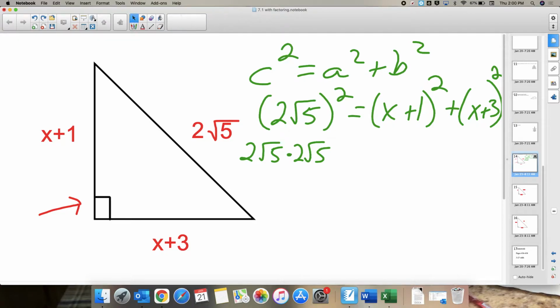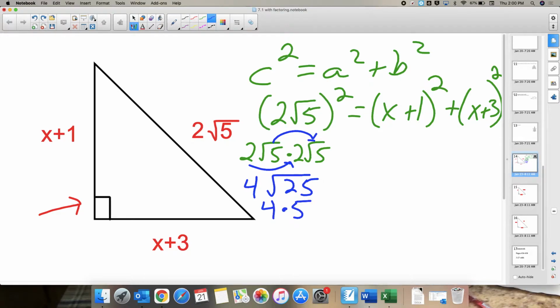So to do this, we have 2 times 2, which is 4, and then the square root of 5 times the square root of 5, which is the square root of 25. Now, we know the square root of 25 is 5. So we have 4 times 5, which is actually 20. Like I said, you can type that on the calculator. Just make sure you're getting 20 so that you know you're typing it in correctly.